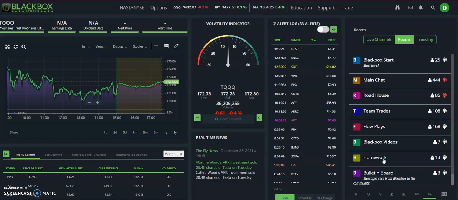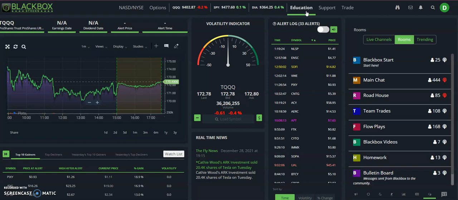And so the traders within this community and this company put out a list of homework that people can go research off of weekly. We're talking about hours of education, but not only that, up here at the top, you'll see there's actually an education tab.